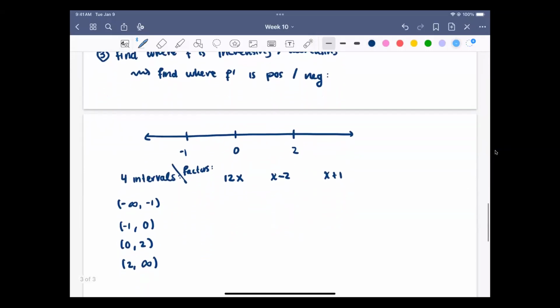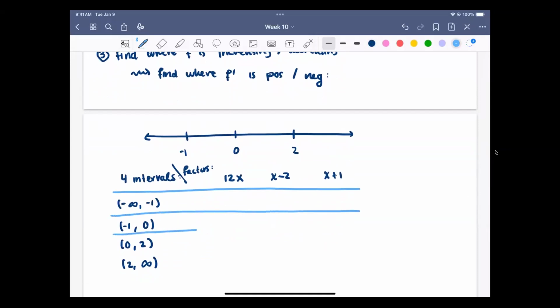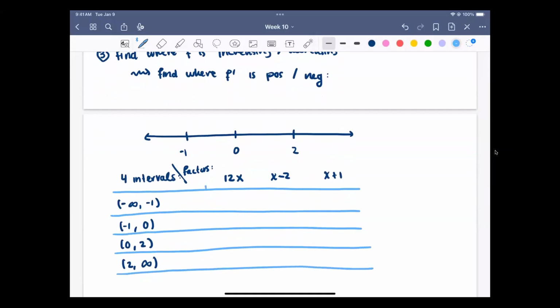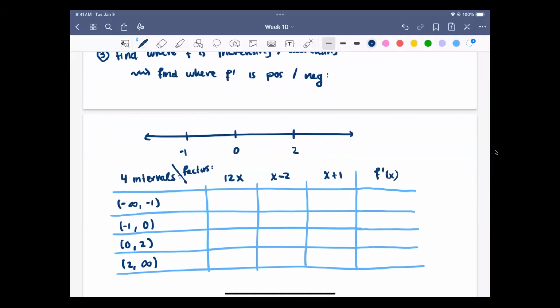And then in this chart, I'll just fill in whether each of these factors is positive or negative on that interval. And then we'll get an overall determination of whether f prime is positive or negative.